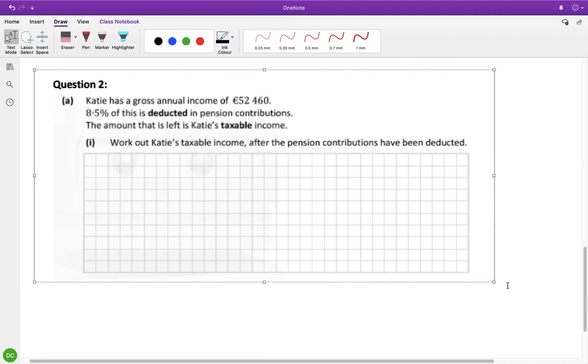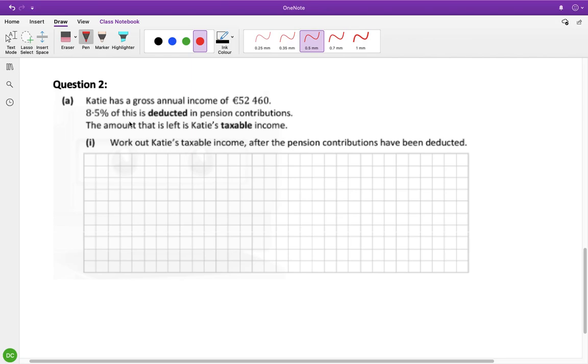So Katie has a gross annual income of €52,460. 8.5% of this is deducted in pension contributions. The amount that is left is Katie's taxable income. Work out Katie's taxable income after the pension contributions have been deducted. So 8.5% is deducted, so we're going to get 8.5% of 52,460.